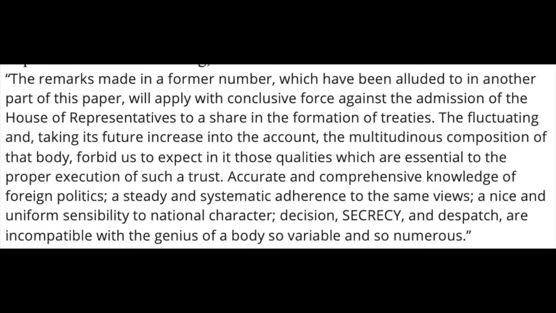The fluctuating, and taking its future increase into account, the multitudinous composition of that body forbid us to expect in it those qualities which are essential to the proper execution of such a trust. Accurate and comprehensive knowledge of foreign politics, a steady and systematic adherence to the same views, a nice and uniform sensibility to national character, decision, secrecy, and dispatch are incompatible with the genius of a body so variable and so numerous." End quote. So this is a pretty epic quote.